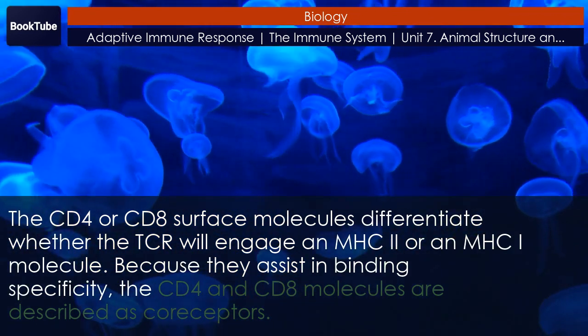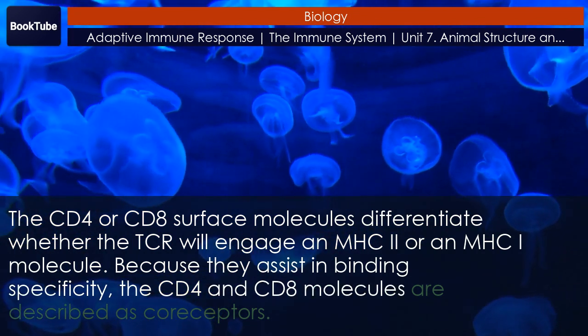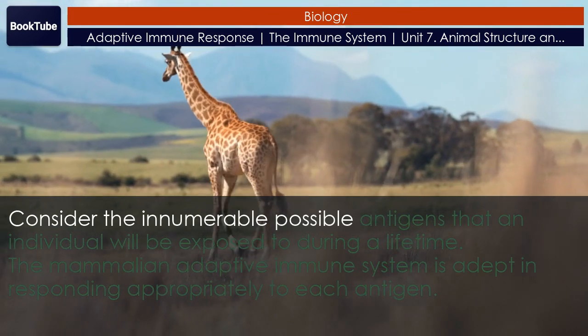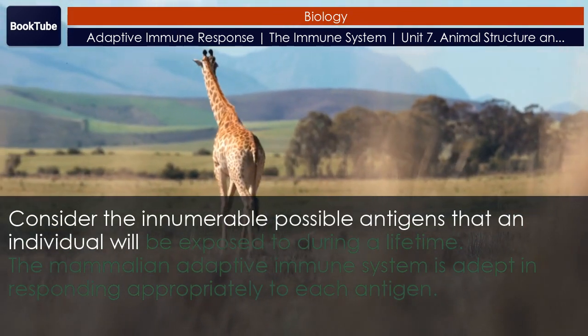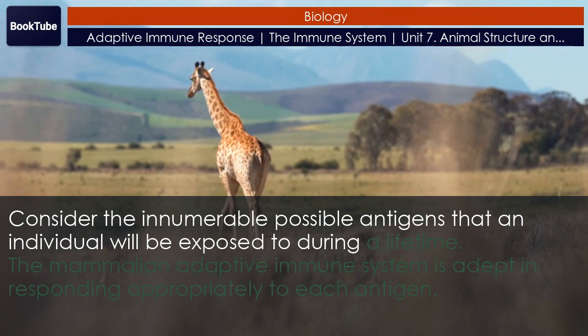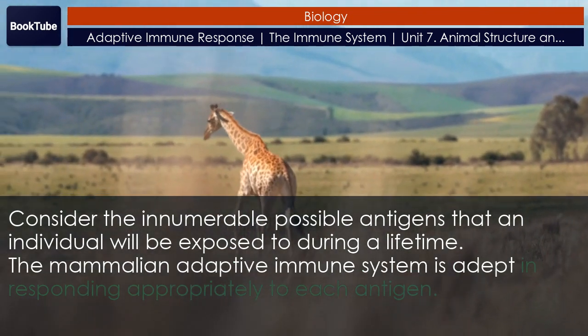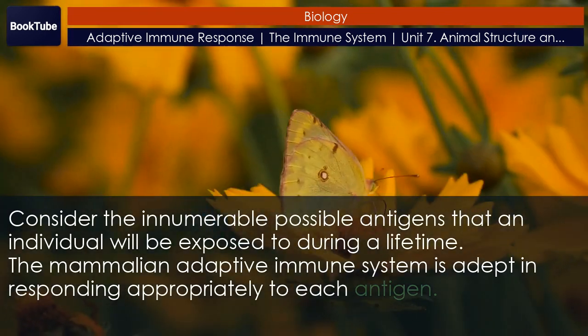The CD4 and CD8 molecules are described as coreceptors. Consider the innumerable possible antigens that an individual will be exposed to during a lifetime. The mammalian adaptive immune system is adept in responding appropriately to each antigen.